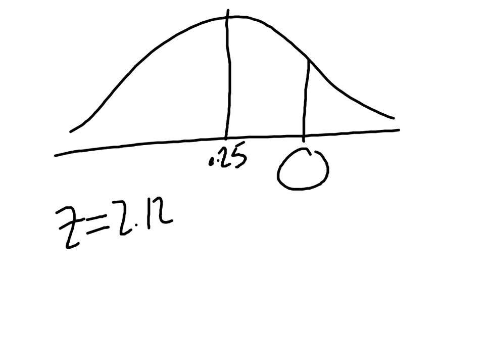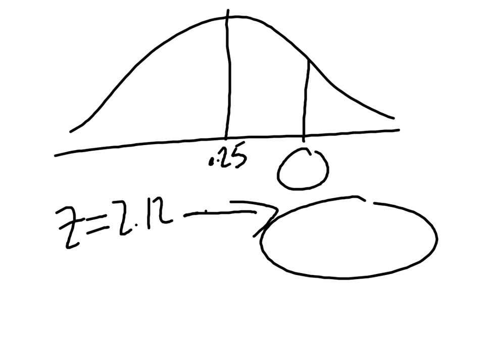This time we're going to change 2.12 to a p-value. And you may recall, in order to do that, we would go to the back of the book, to the z-values, find the area to the left of 2.12 and subtract it from 1. And that's exactly what they've done in step 3.